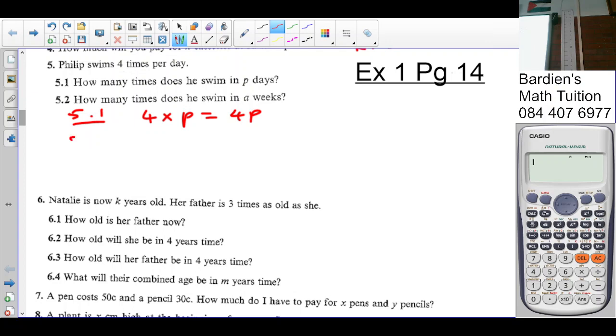5.2. How many times does he swim in A weeks? So, okay, if it is 2 weeks, how many times does he swim in 2 weeks? 8 times? 7, how do you get 7 times? 7 times 14.